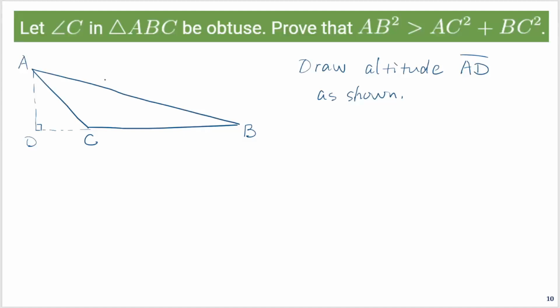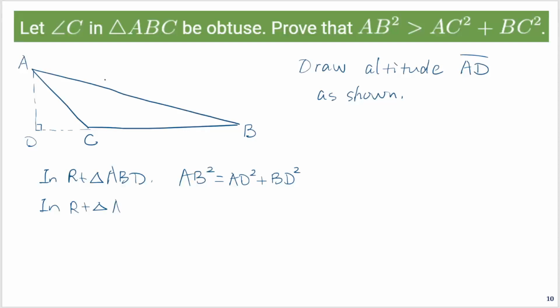Alright, so how about we consider right triangle ABD first. In right triangle ABD, we have AB squared equals AD squared plus BD squared, right? So in order to get the BC term and the AC term in our equation, we also have another right triangle to use.